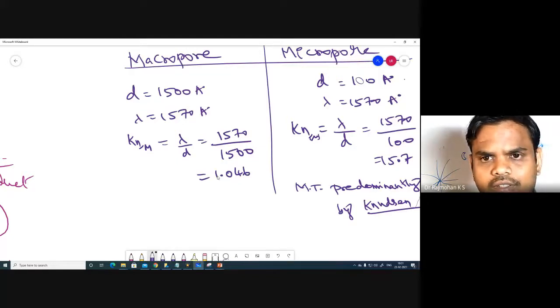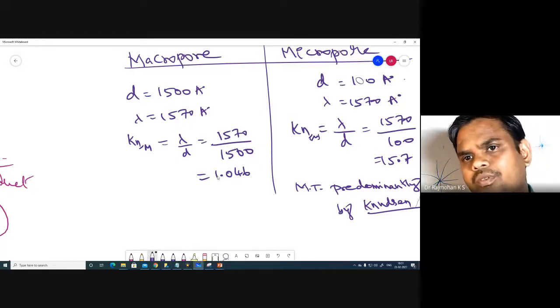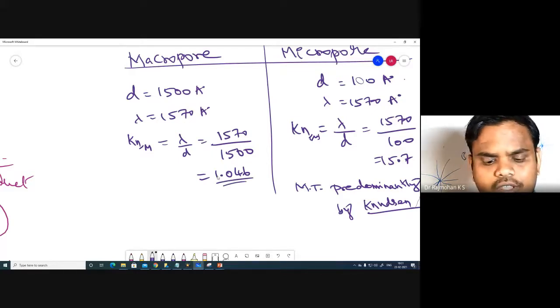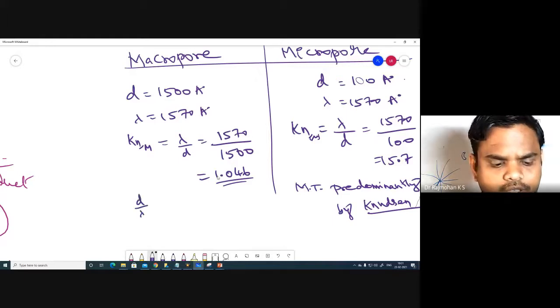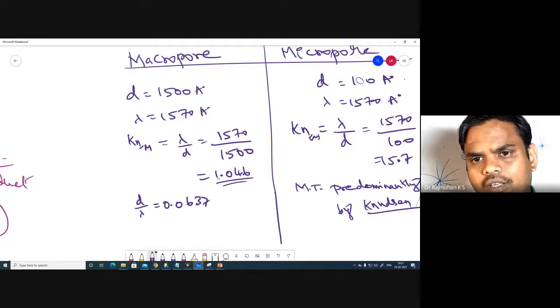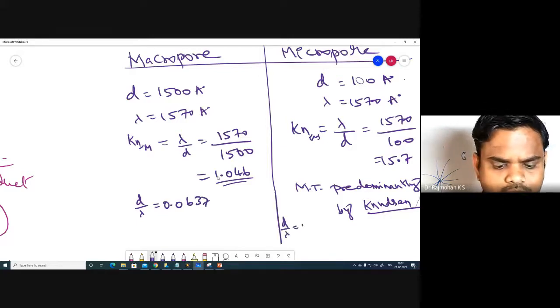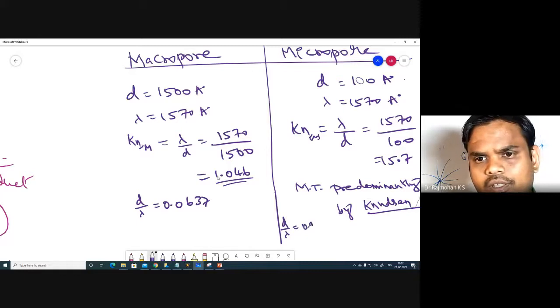Some people use the Knudsen number as defined here, and some people use d by lambda, the reverse of it. That also we can calculate in parallel. Here d by lambda is 0.0637 for micropore, and here the d by lambda value is 0.956, the inverse. Either way we can say what is predominant.